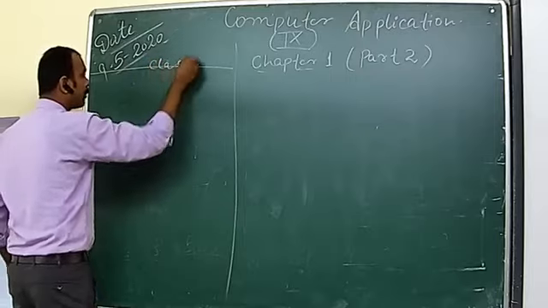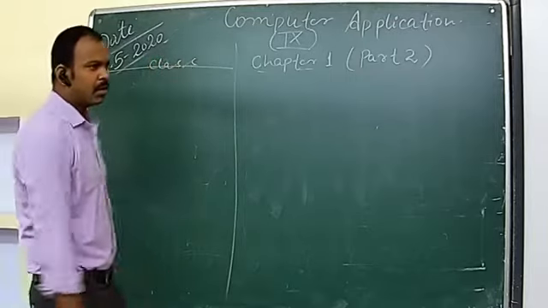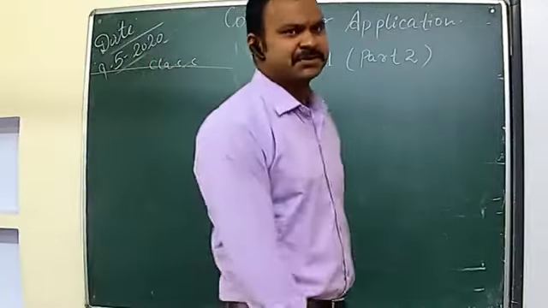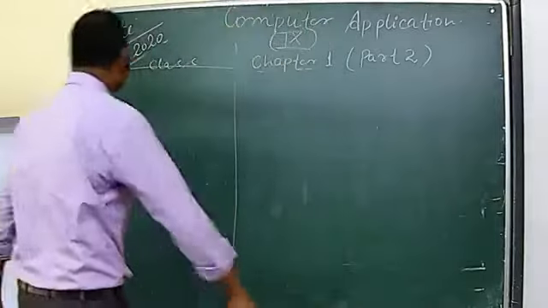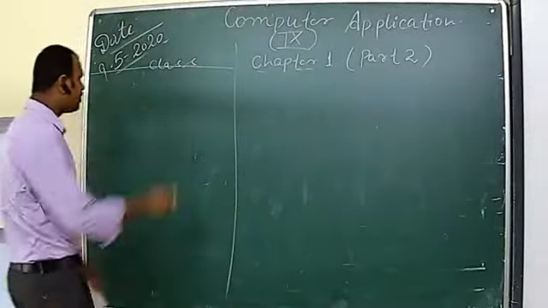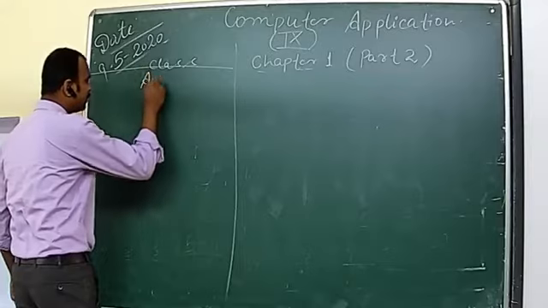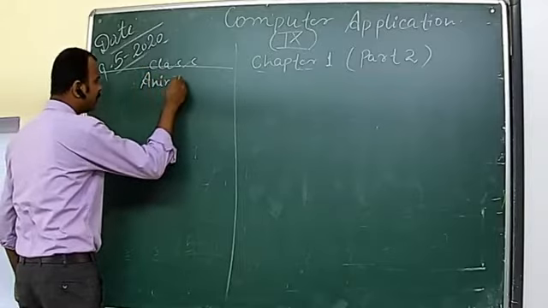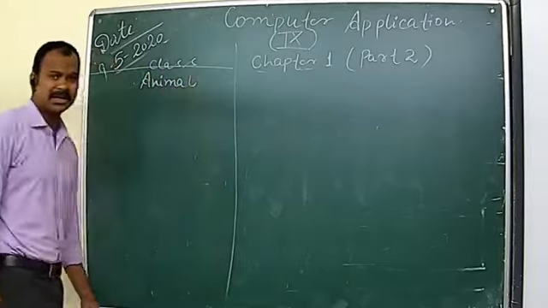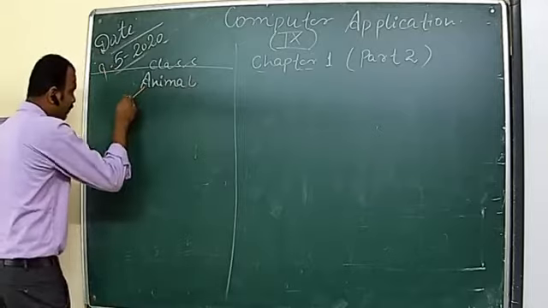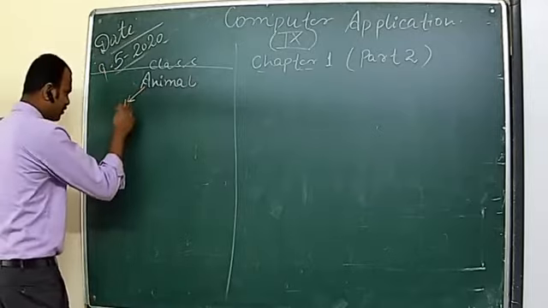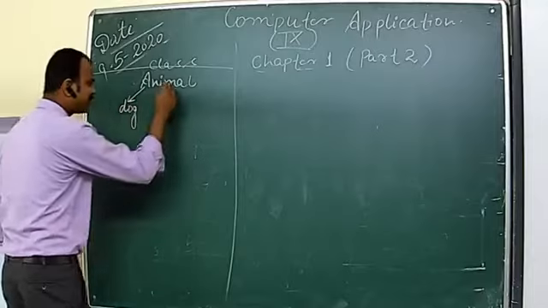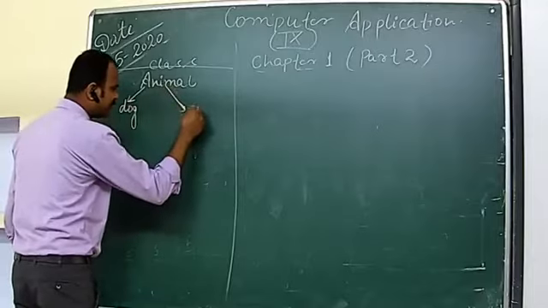Class. What do you think? What is a class? Take a real world example. Animal may be a class. Yes, animal is a class. And if I talk about objects, dog may be an object of this animal class, and cat.